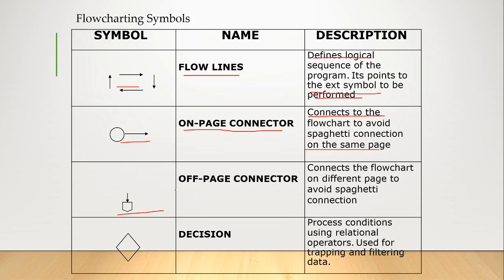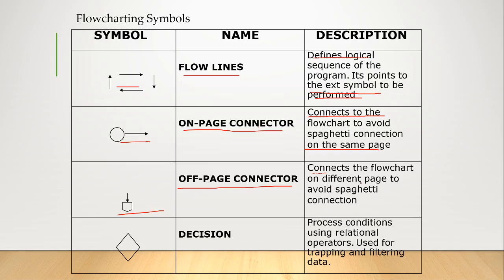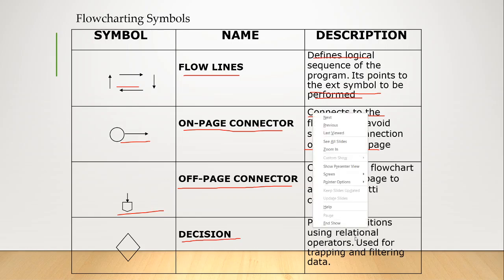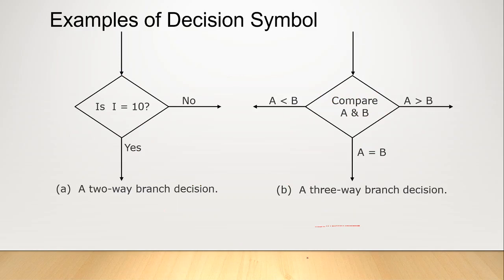The next symbol is the off-page connector symbol. It connects the flowchart on a different page. The next symbol is a diamond-like symbol, the decision symbol, and it processes conditions using relational operators. These symbols are used for trapping and filtering of data.